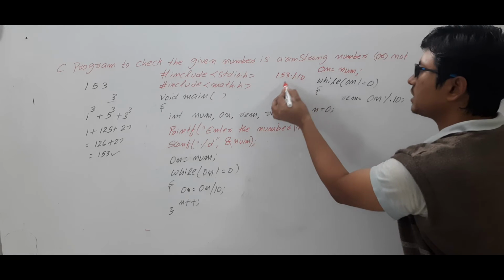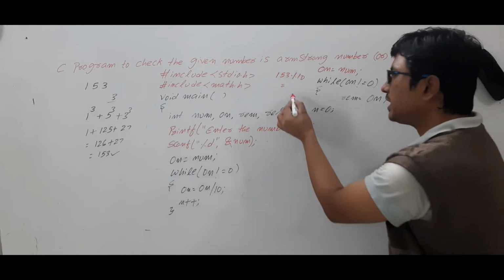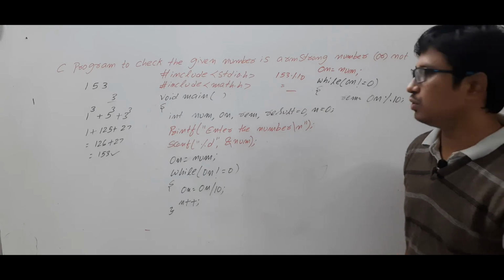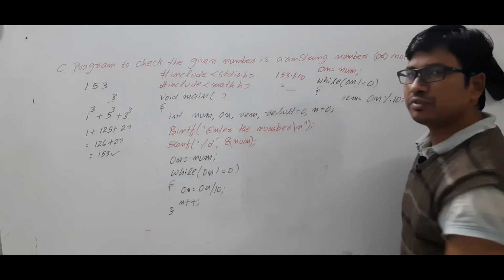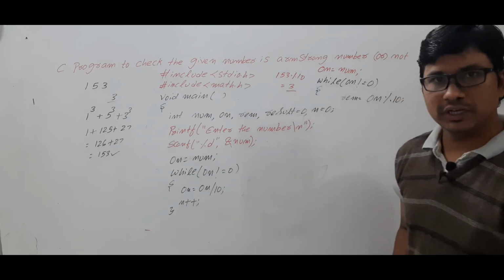153 modulus 10, what will it give? The modulus will give you the remainder, whereas the division will give you the quotient. So if you do 153 modulus 10, you will get the remainder as 3. Will you agree with me or not?